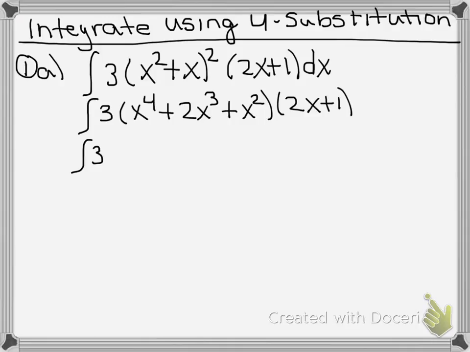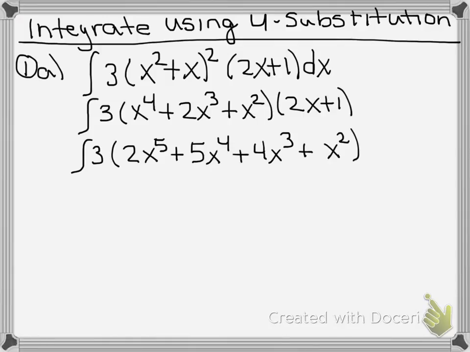Multiplying this out again, you might be thinking to yourself, please no, do not put one of these on our quiz tomorrow. Don't worry, there's not. You might have to FOIL something out, multiplying a binomial times a trinomial, and then distributing this 3. No, I'm not that mean. A little crazy sometimes, but not like that.